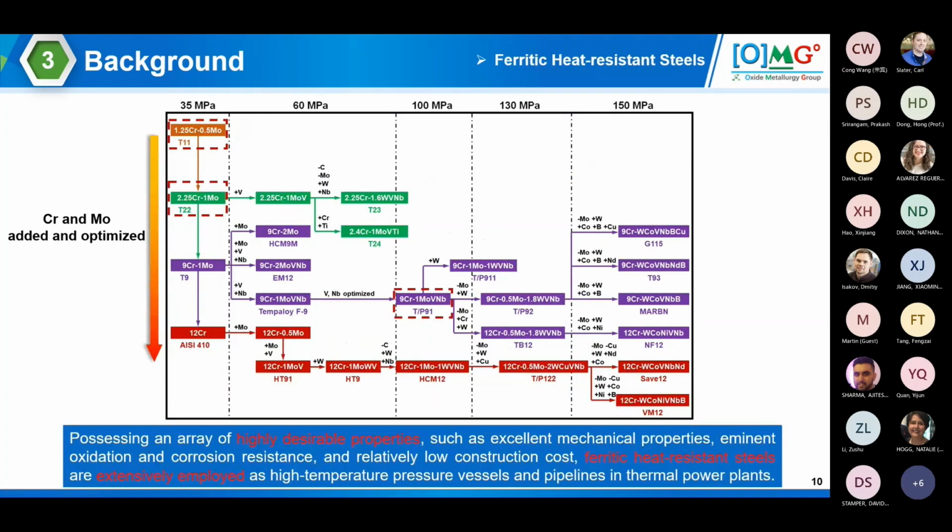And the heat resistant steels are one of the major materials used for the thermal power generation sectors.